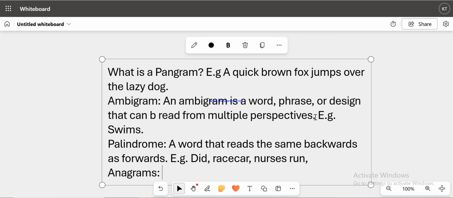Let me write the meaning, it helps. Please note that it could be a word, a phrase, a clause or whatever.